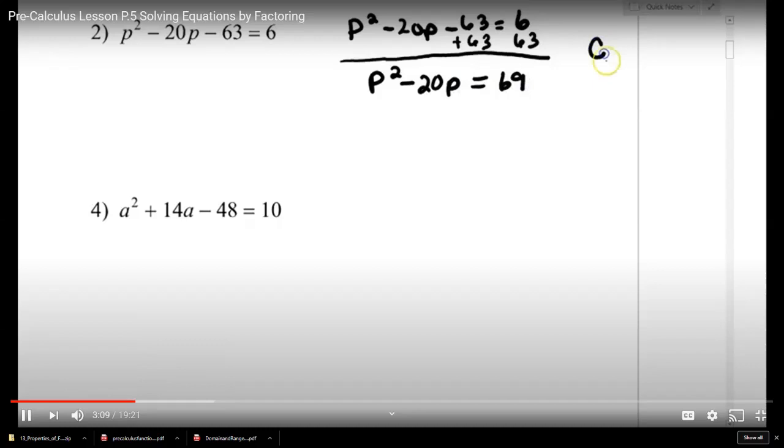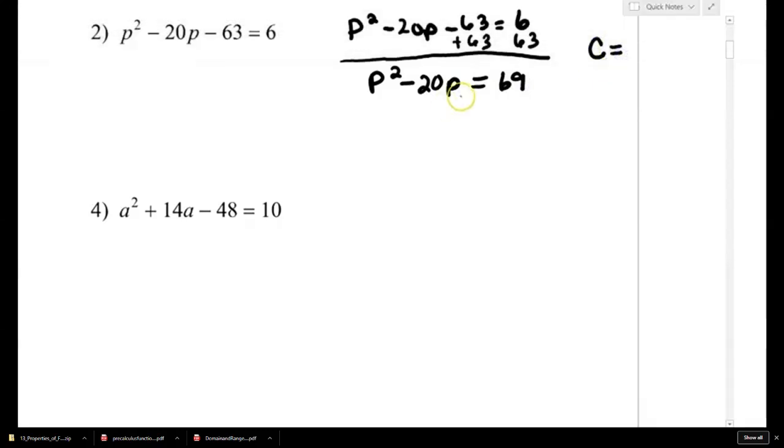We've got to find C. C is a value that's going to complete this into a perfect square.